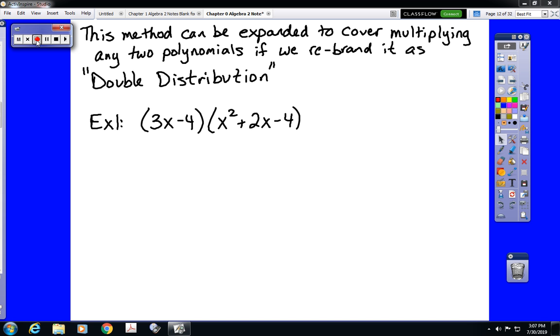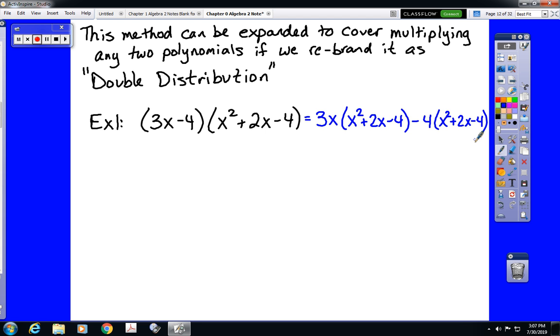So essentially what we do is we rewrite the problem to make sure that we take the first term in the first polynomial, which is 3x, and we multiply the entire second polynomial by that, which is x squared plus 2x minus 4. And then we make sure that the second term also multiplies the entire second polynomial.